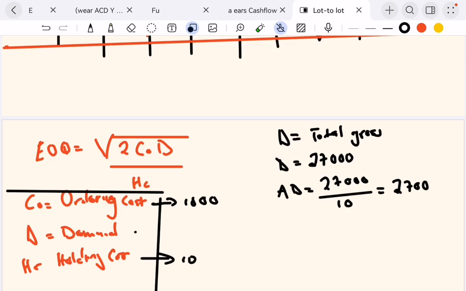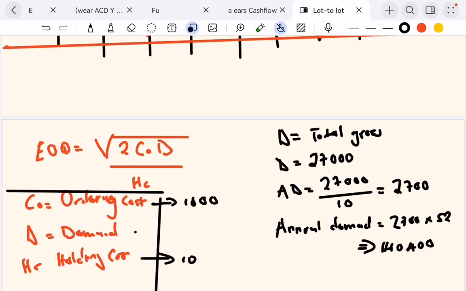So the annual demand will be equal to demand times the total weeks. 2,700 times 52 weeks, which will give us how much? 140,400. So that is the annual demand.